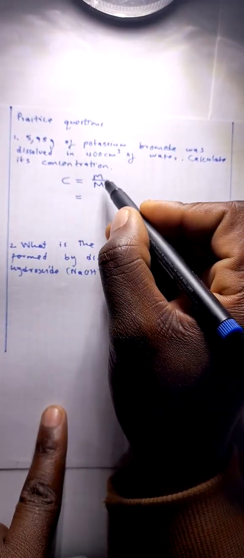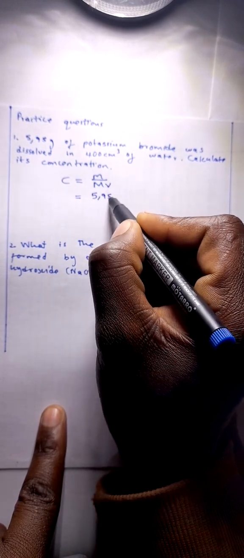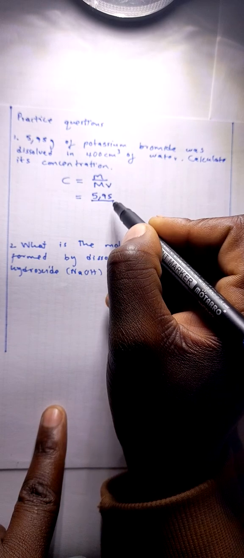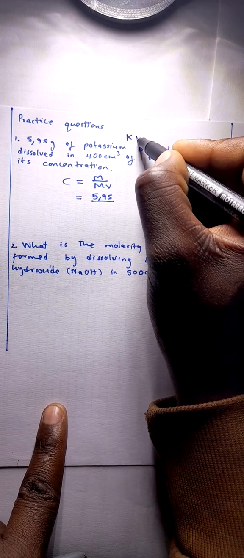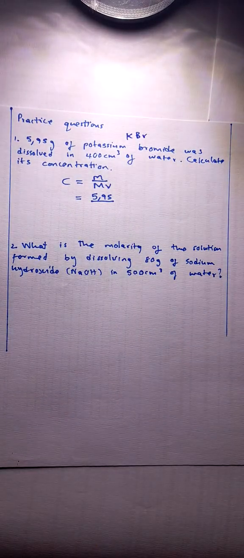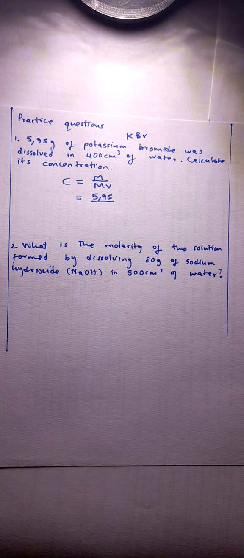Okay, then what is the mass? It's 5.95 over, what is the molar mass? This is potassium bromide, so it's KBr. What is the molar mass for bromide? I know potassium is roughly 30 something.